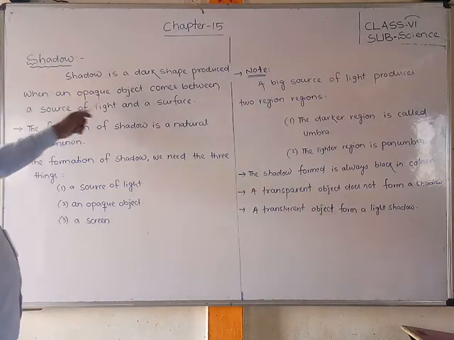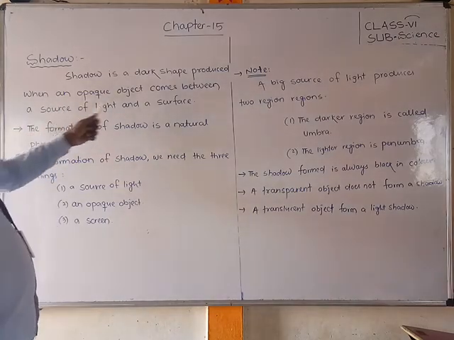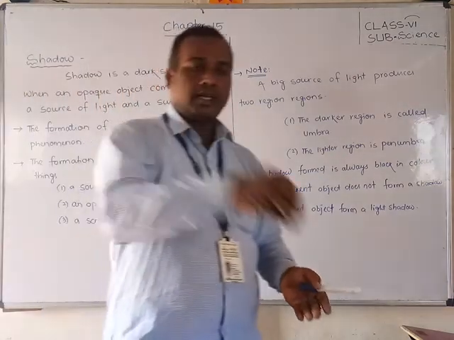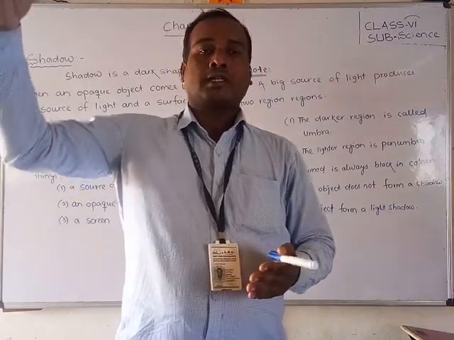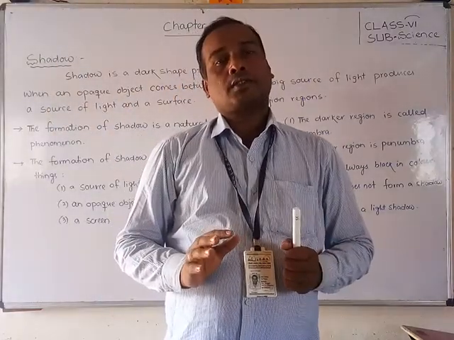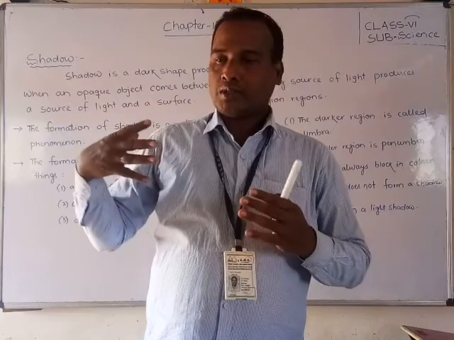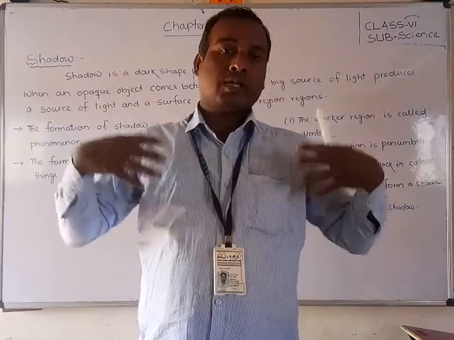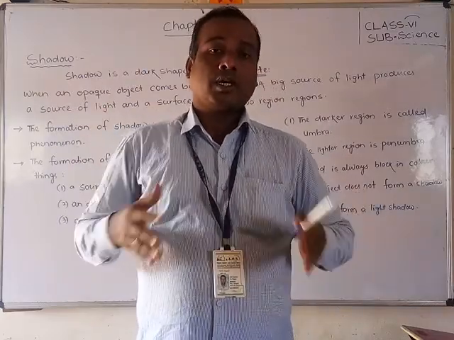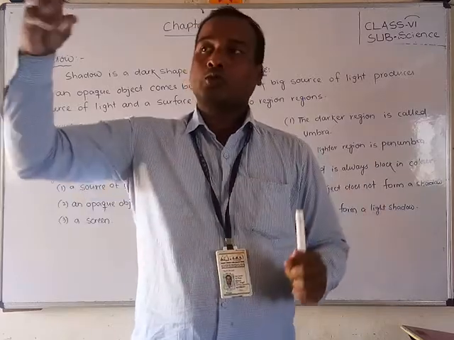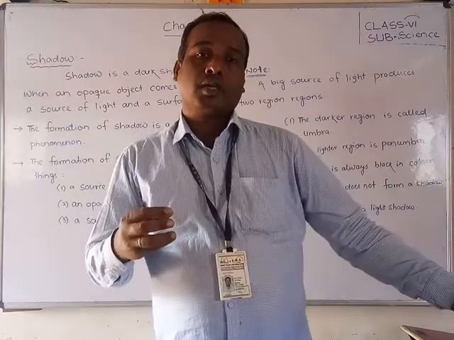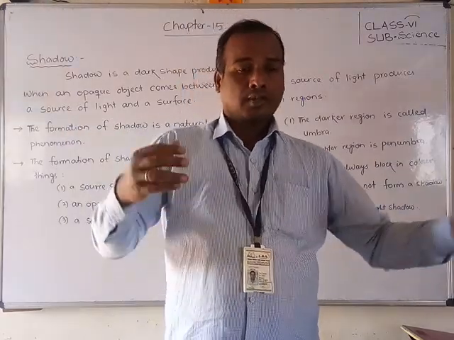Suppose sunlight is directly falling on the surface. If we stand in the middle, then we are the opaque object between the source and the surface or screen.